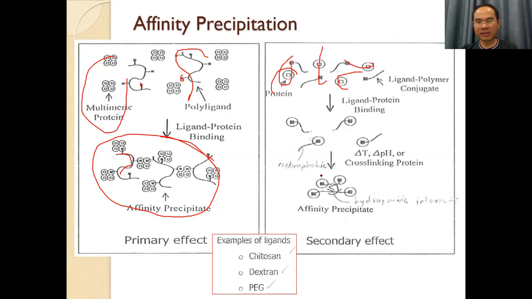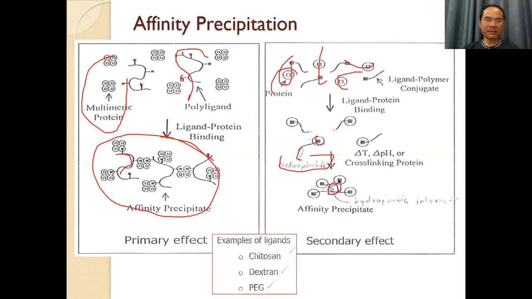Here there is a tail and a head. Mostly the head is water soluble, or hydrophilic, and the tail is hydrophobic. The hydrophobic aggregation then gives us the protein precipitate. Examples of ligands used to precipitate protein are cytosine, lectin, and polyethylene glycol.